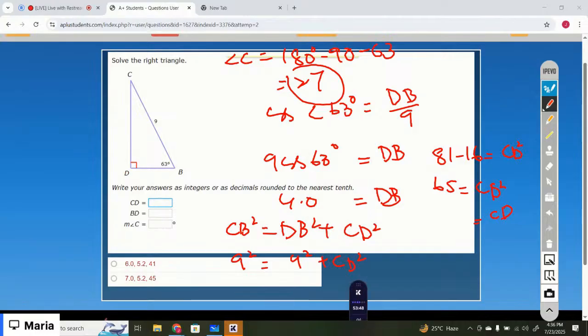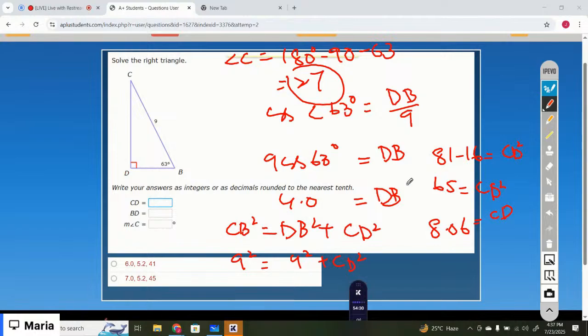So square root 65 equals 8.06. So this is what we have to do. So that's how you have to solve the triangle, right?